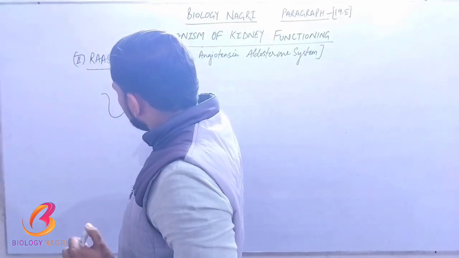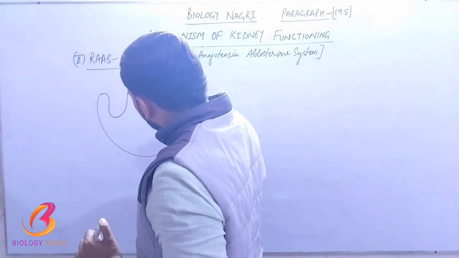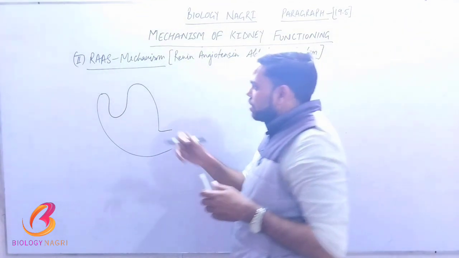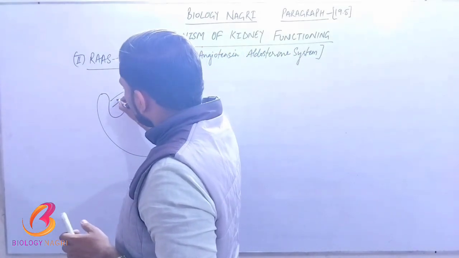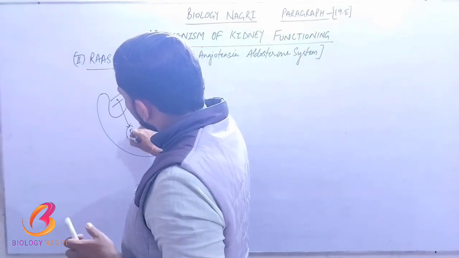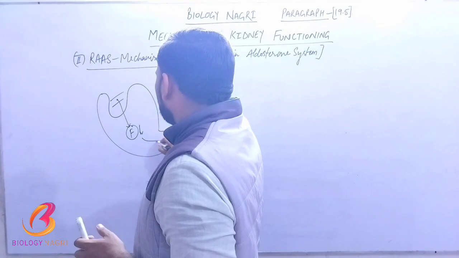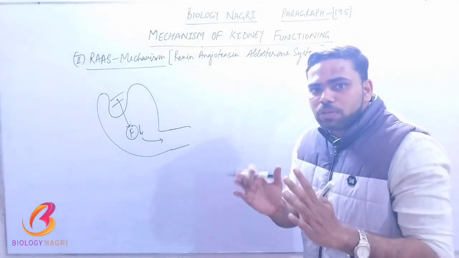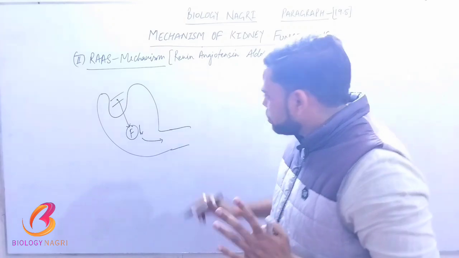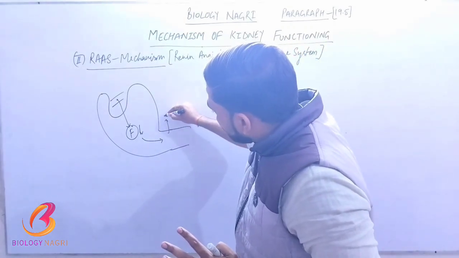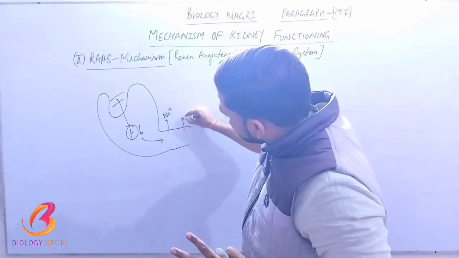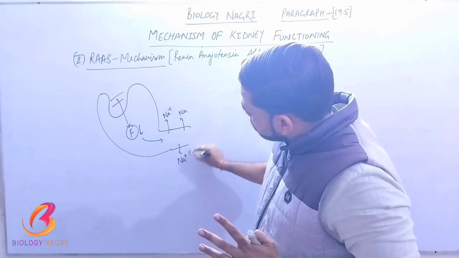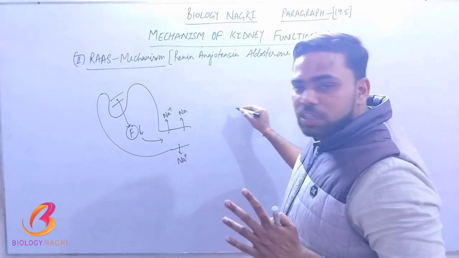This was the Bowman's capsule. If there is a fall in GFR, there will be less filtrate in the capsular space. It means the filtrate contains less sodium compared to the initial stage, and most of that sodium will be absorbed by the ACP, so a very small amount of sodium is released into the DCP.